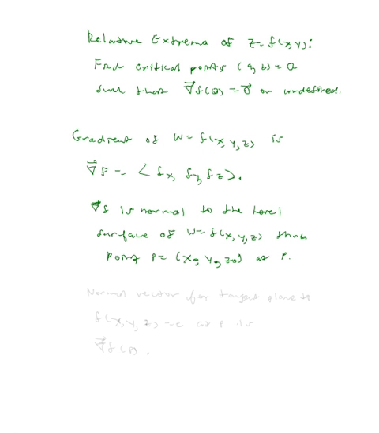And this gives us a way to find a normal vector for the tangent plane to a surface at a point P. If the surface is given as f of x, y, z equals c, we just treat that as a level surface of a function of 3 variables, w equals f of x, y, z equals c.